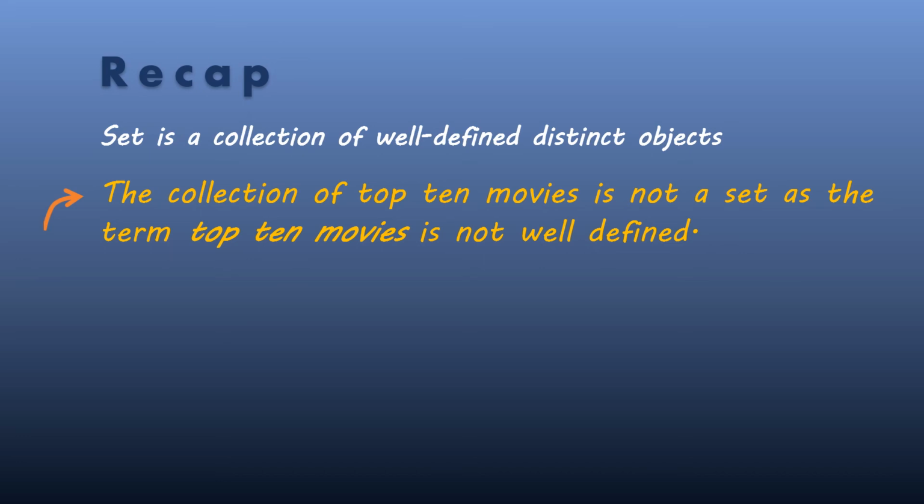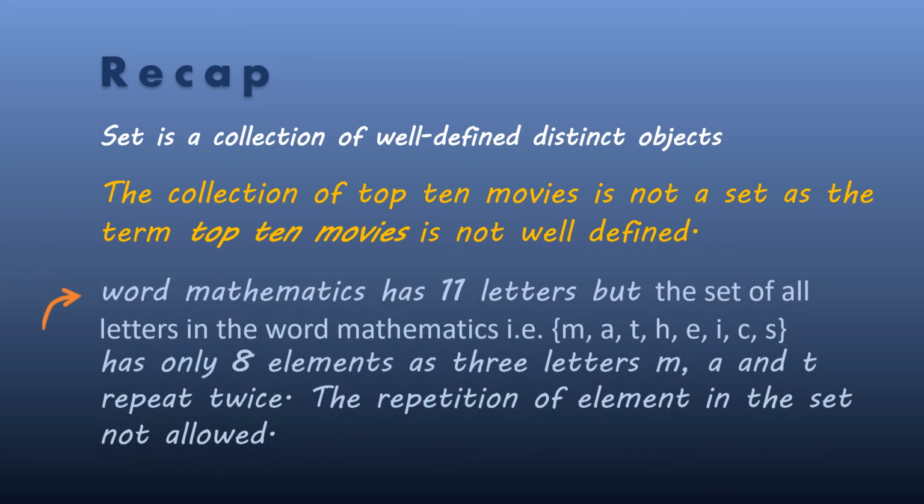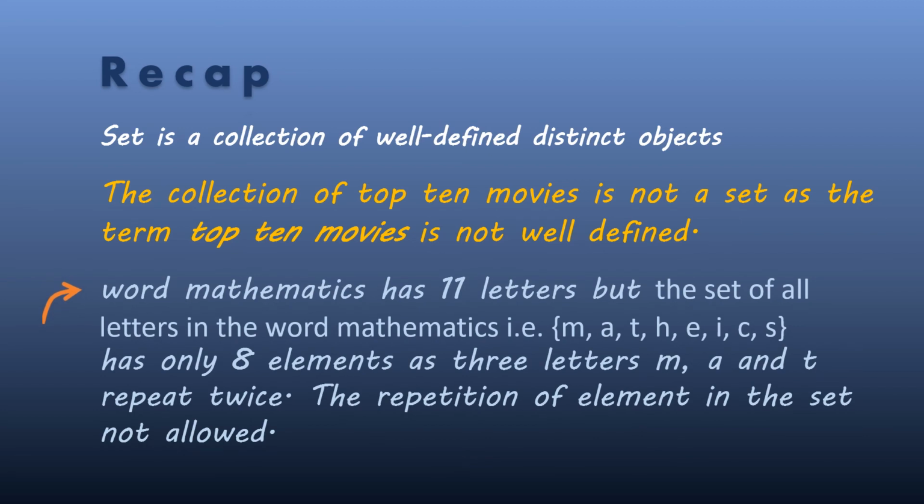The word mathematics has 11 letters, but the set of all letters in the word mathematics, that is M, A, T, H, E, I, C, S, has only 8 elements, as the three letters M, A and T repeat twice. The repetition of an element in the set is not allowed. Set is a collection of distinct objects.